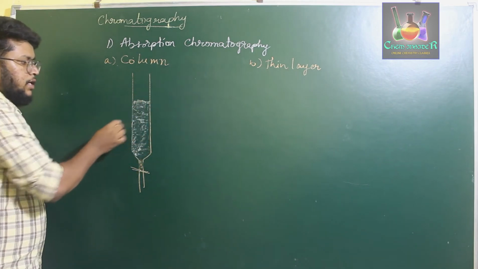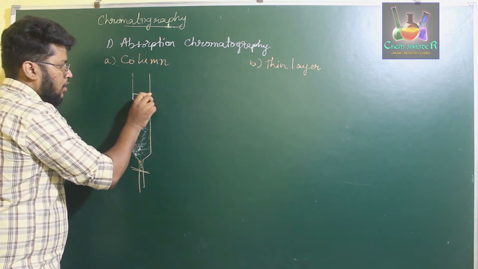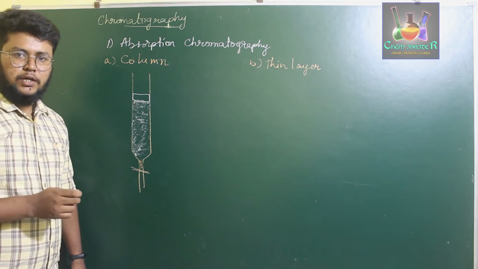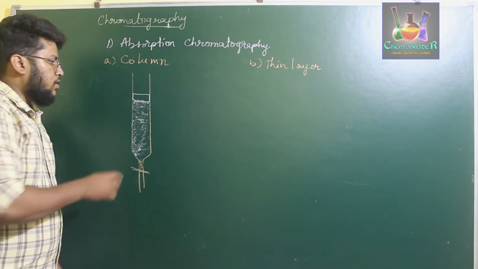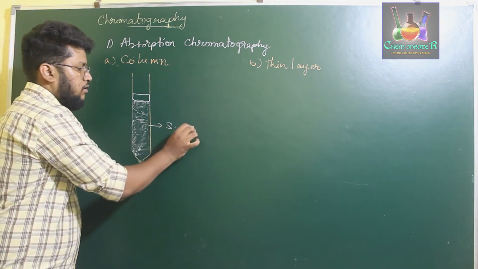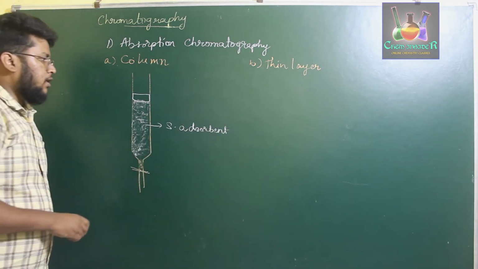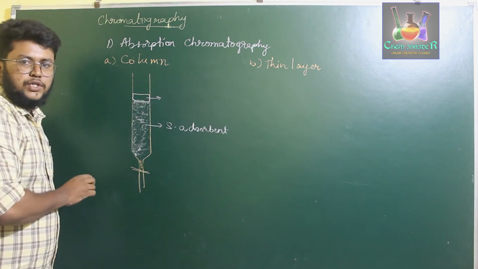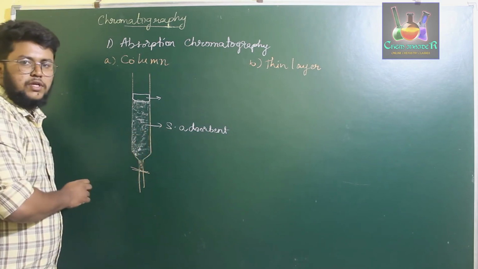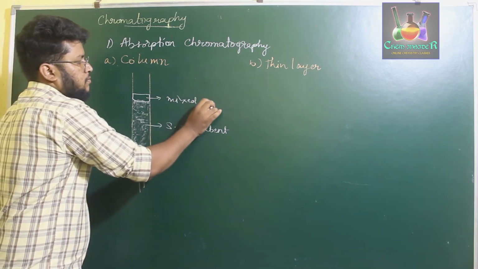Above it we'll be having a component which is to be separated or purified, adsorbed on the surface of the adsorbent. Above this stationary adsorbent, we'll be having our mixture of compounds which is to be purified, adsorbed on this particular surface of the adsorbent. So this is the mixed compound.